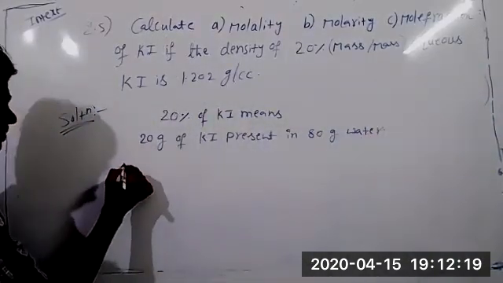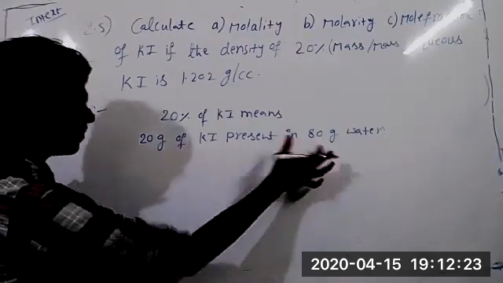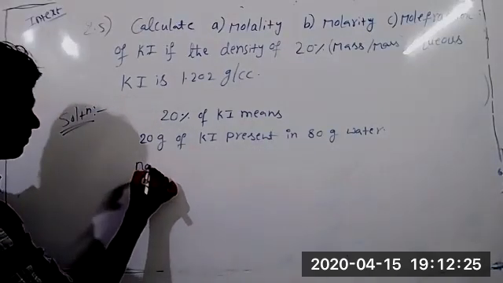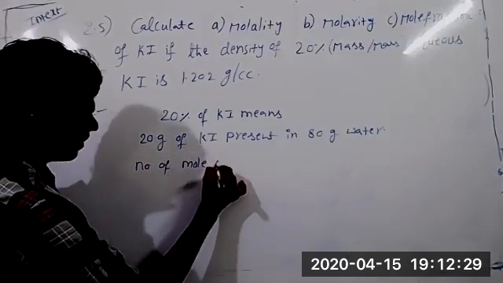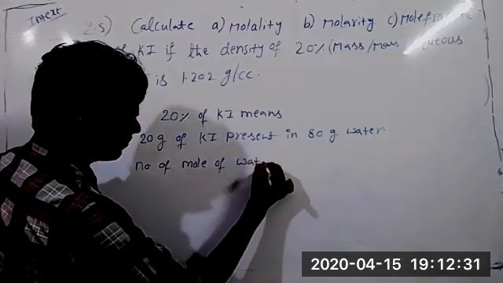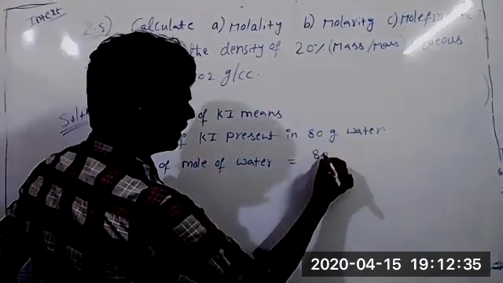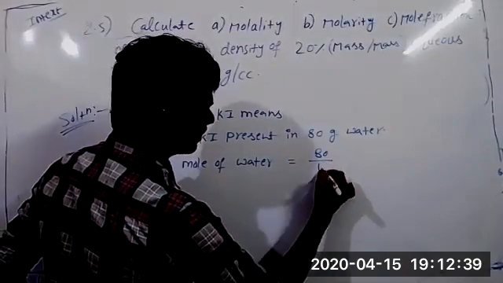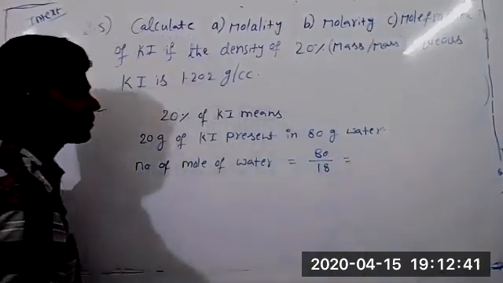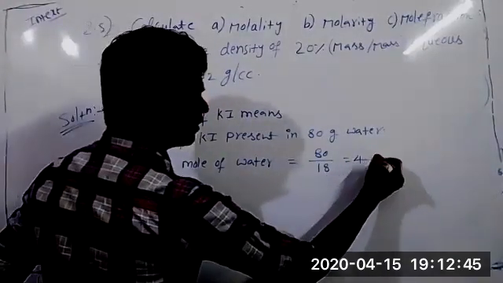So first, calculate the number of moles of KI and the number of moles of water. Number of moles of water is equal to 80 grams divided by its molar mass 18, that is 4.44.